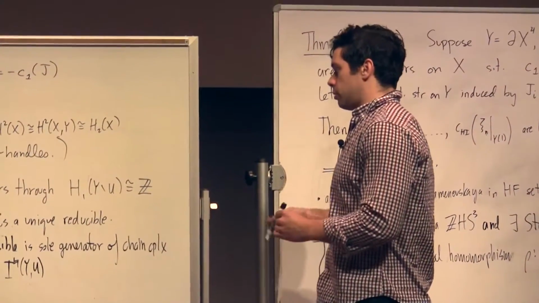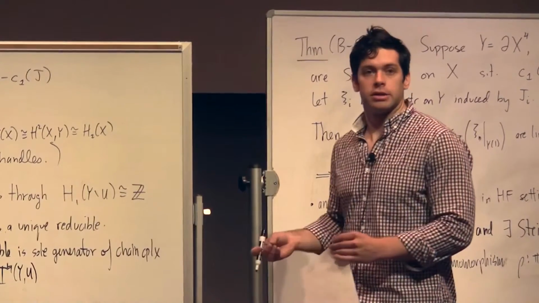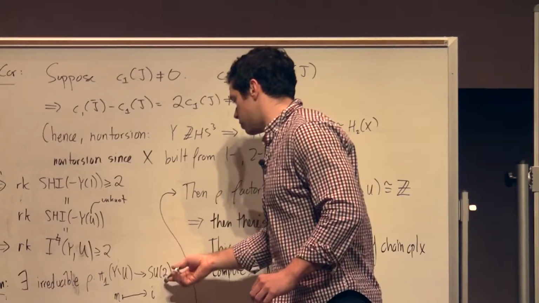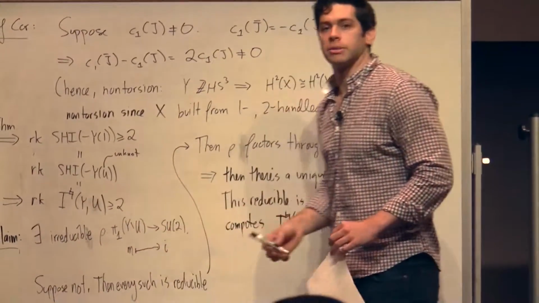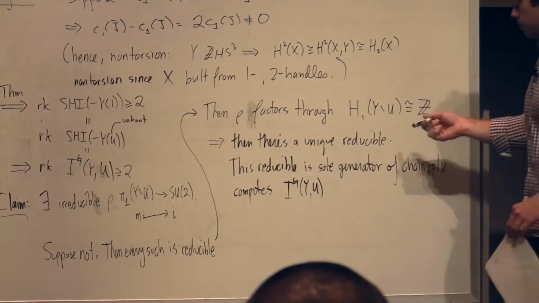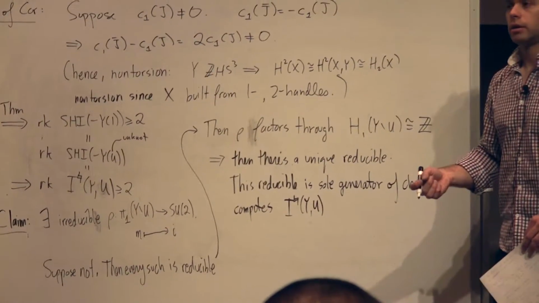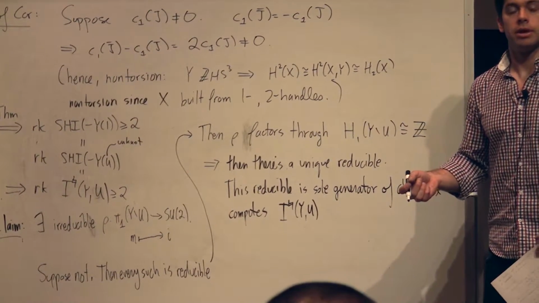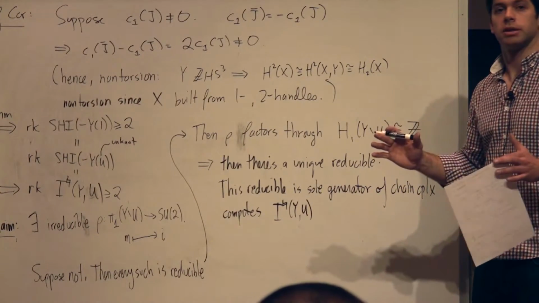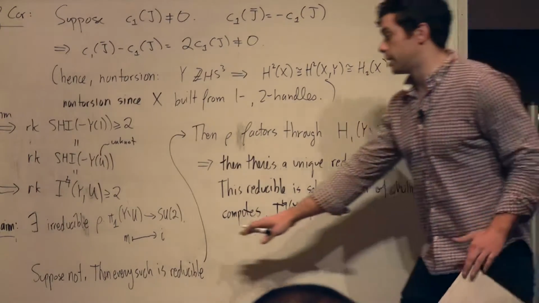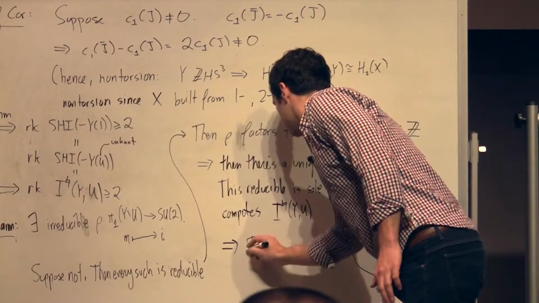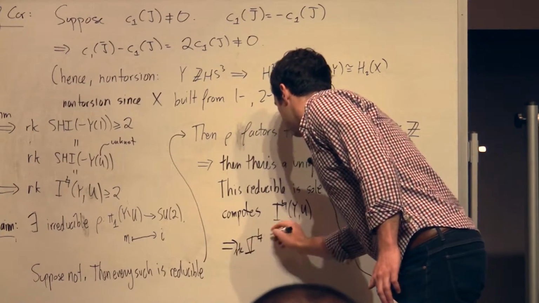And the critical points are flat connections, which correspond to representations of the knot group to SU2. And actually, you have this sort of holonomy condition that needs to be satisfied as well. And this unique reducible is always a non-degenerate critical point, it turns out. So you don't have to perturb the Chern-Simons functional or anything. You actually have your Morse complex. There are no irreducibles, you're assuming. And so that's it. And so that would imply that this thing has rank 1.